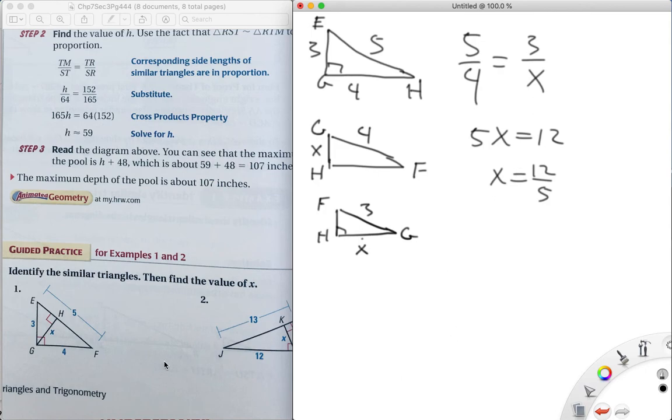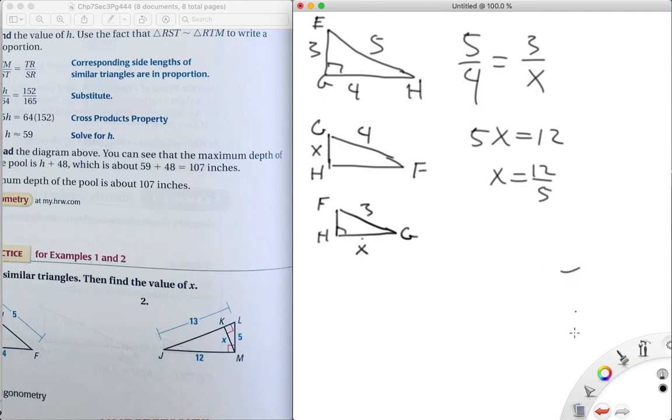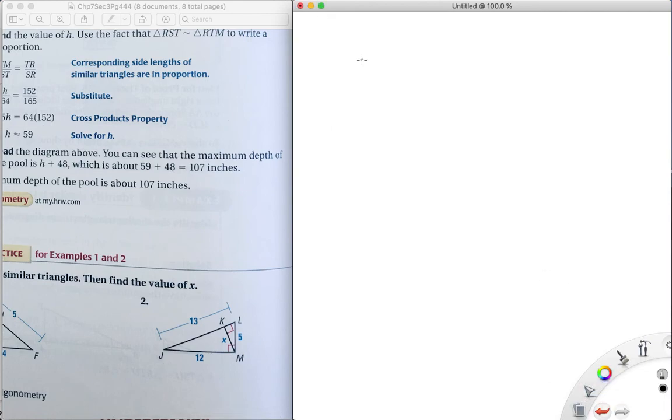So we have another one here, and I'm going to draw it this way. It's easier for me to see it this way, but you can draw it however you want. Looking at the big triangle, the smallest side is 5, L, M, J. The hypotenuse is 13. The smallest side is 5, the biggest side is 12.